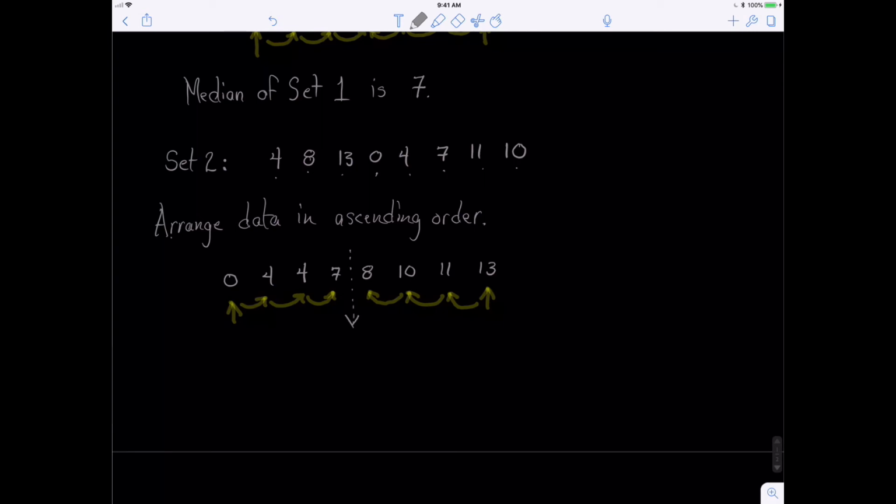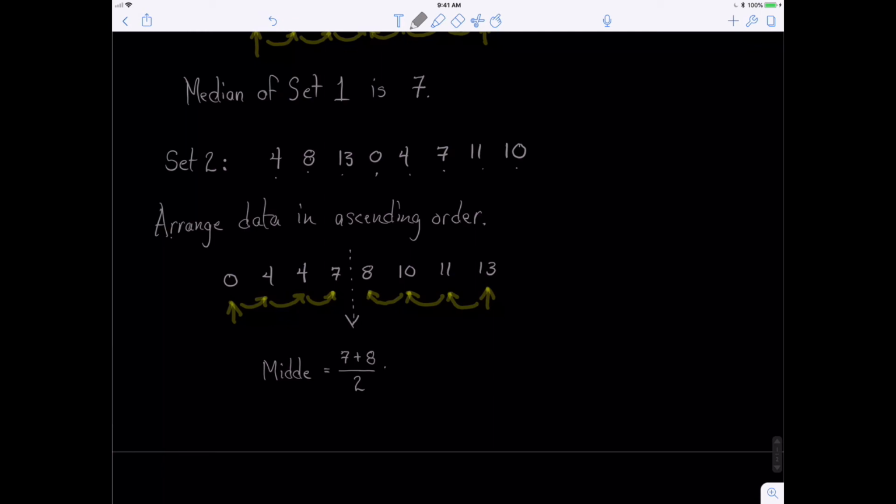Now, if you're not sure how to find the middle of two values, I'm going to show you. 7 and 8 you could probably guess, but let's actually check. You add the values: you take 7, add 8 to it, and then divide that result by 2.